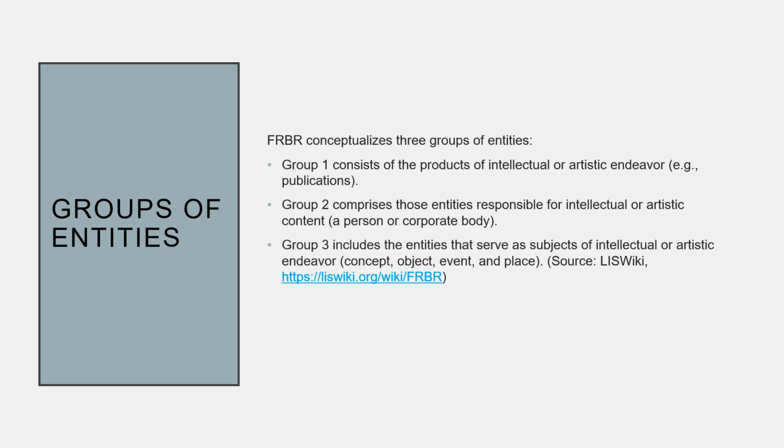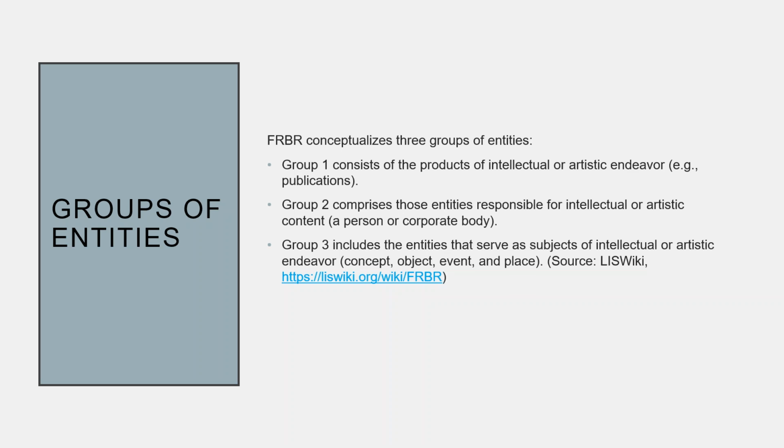Now we're going to look at groups of entities. So FRBR conceptualizes three groups of entities. Group one consists of the products of intellectual or artistic endeavor, in other words, publications. Group two comprises those entities responsible for intellectual or artistic content, in other words, a person or corporate body.